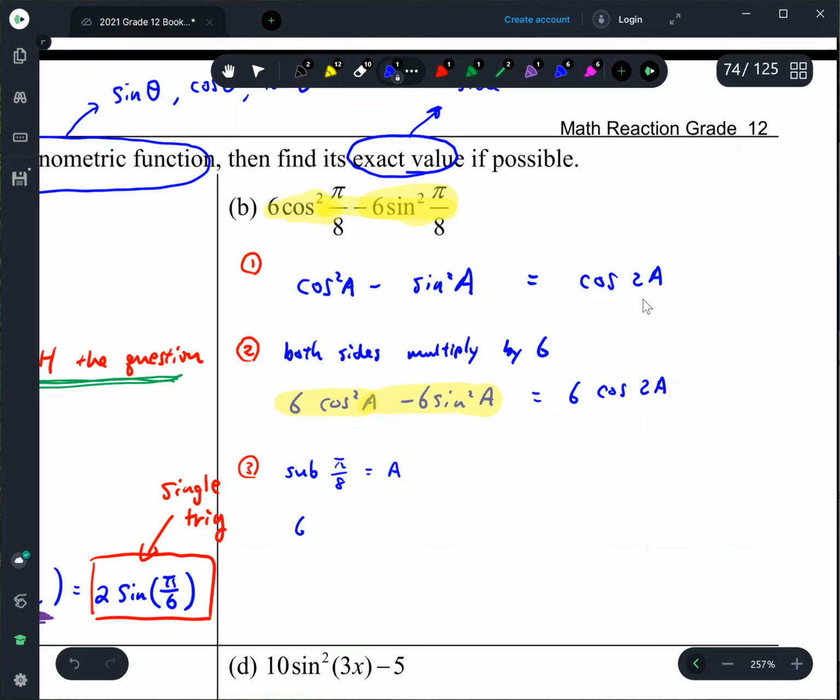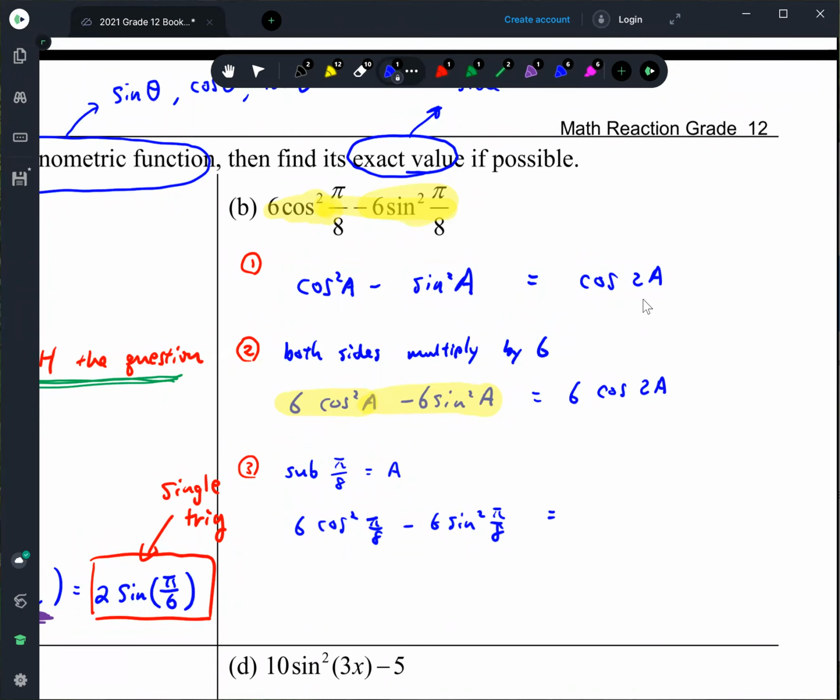So I will have 6 cosine squared pi over 8 minus 6 sine squared pi over 8 equals, what will be on the right side now? Caleb? Could you say that again? What's the value on the right side?